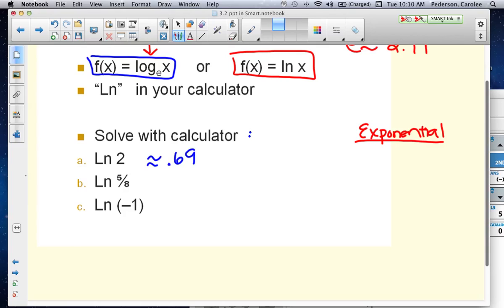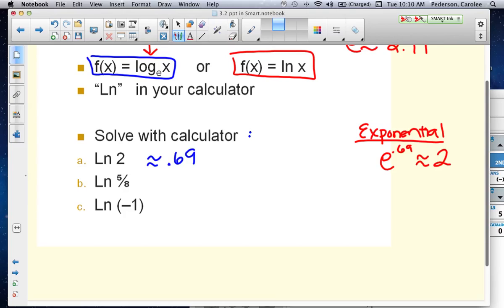What's the base? e. What's the exponent? e to the 0.69 is approximately 2. Okay, let's go to the next one.